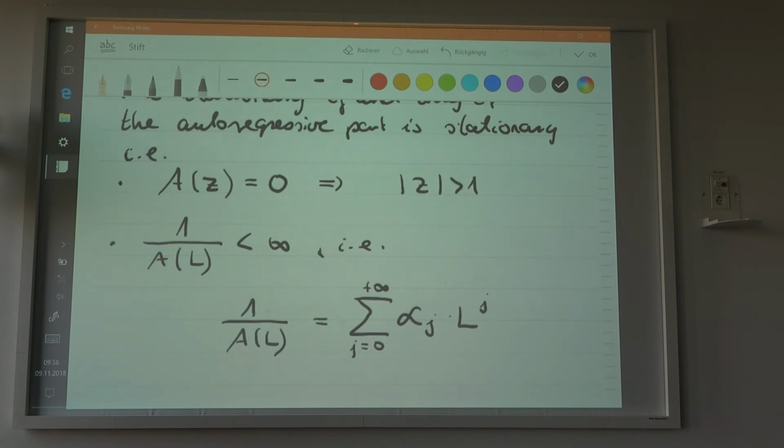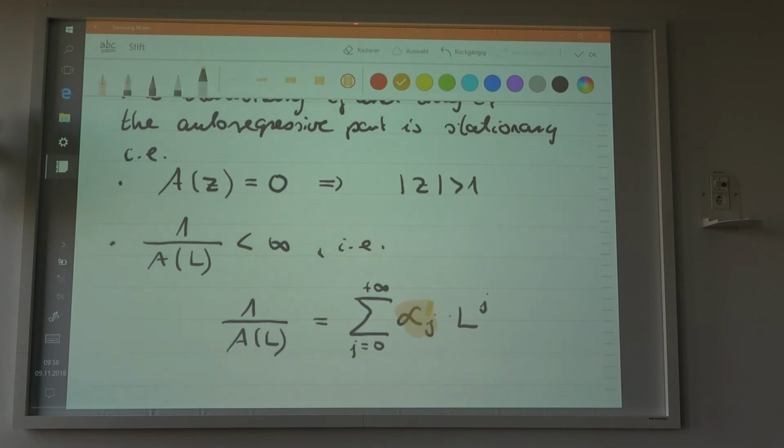For the first order autoregressive part, it's clear how these coefficients will look, but in general they depend on the order of the autoregressive part. You can extract them from the autoregressive part, but there is no general expression that covers all autoregressive processes, so you have to calculate them on your own.